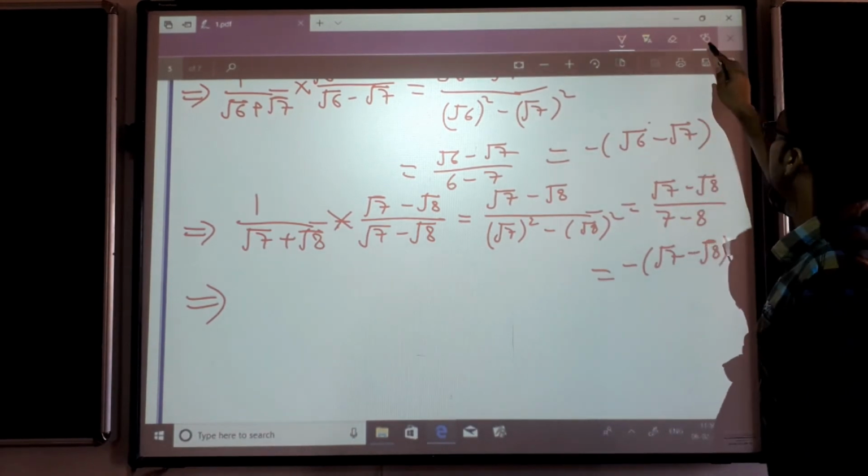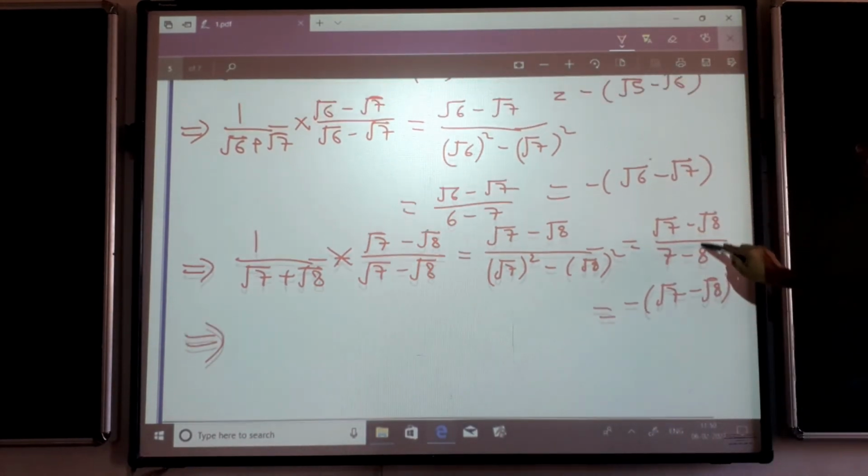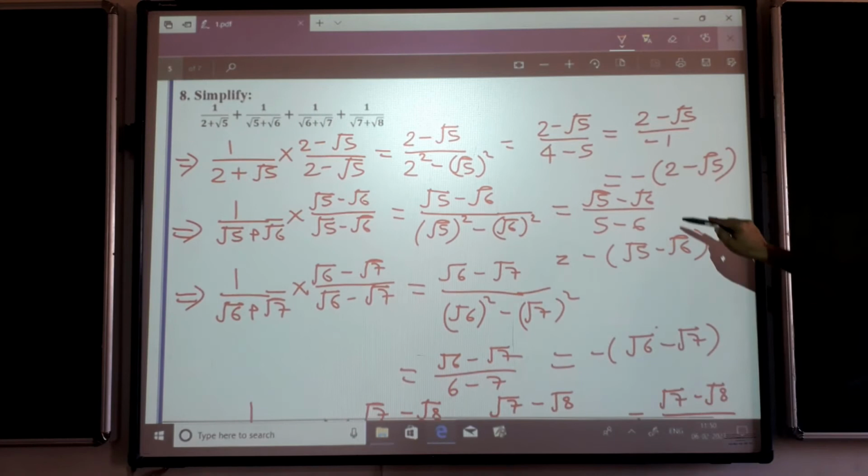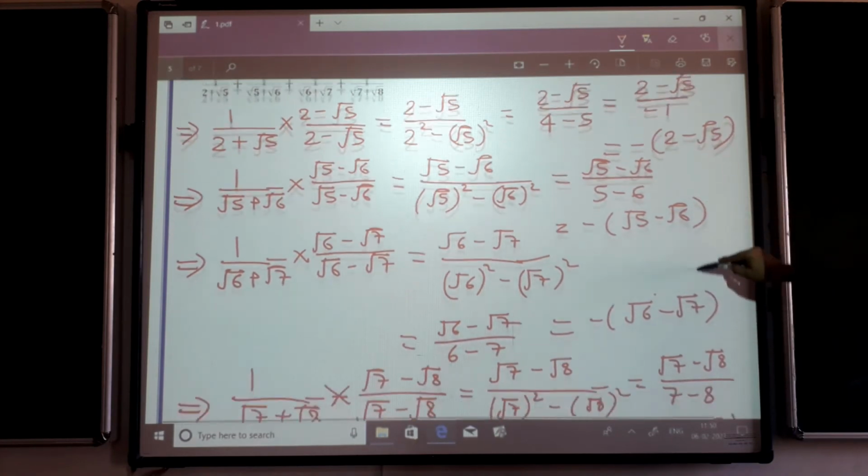Put all values together. So the first one we found is minus (2 minus root 5).